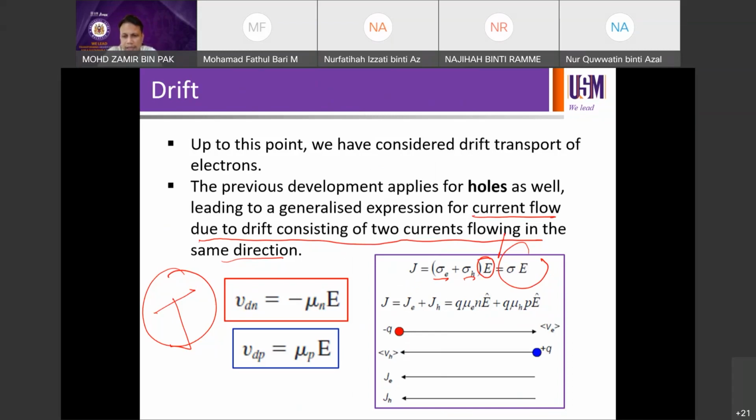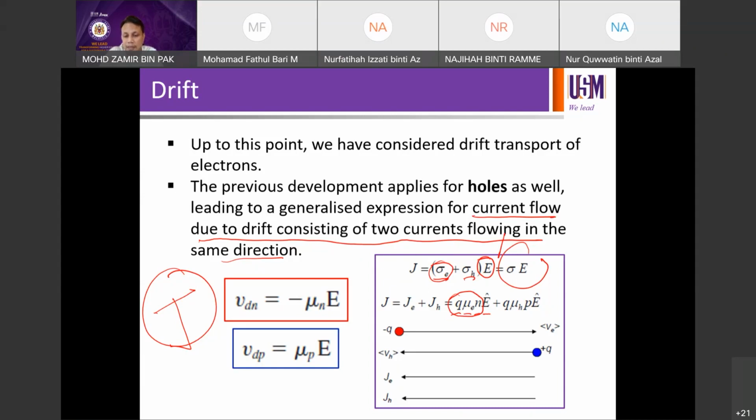Je is given by n q mu E, which we can write as q mu n E. The first part is electronic charge times electron mobility times density of electrons times electric field. That makes your Je.